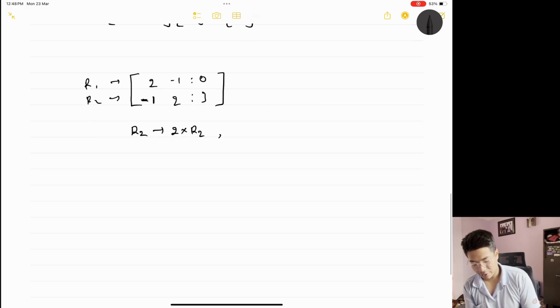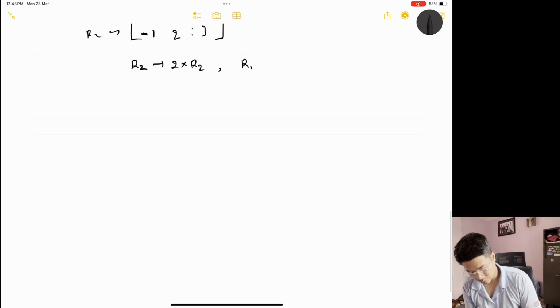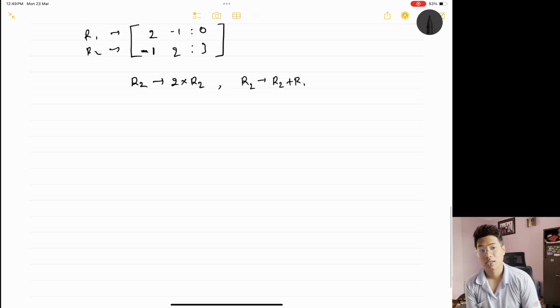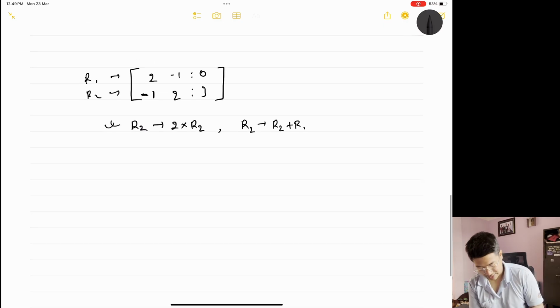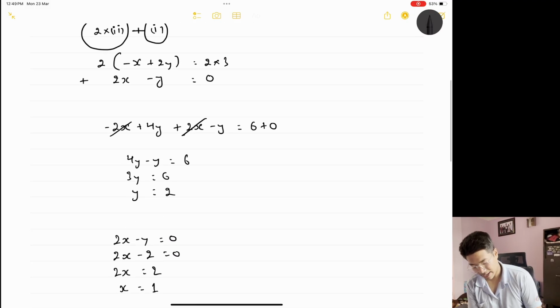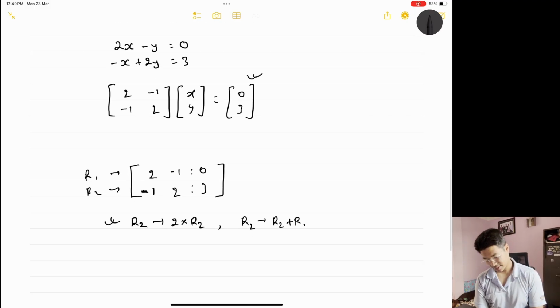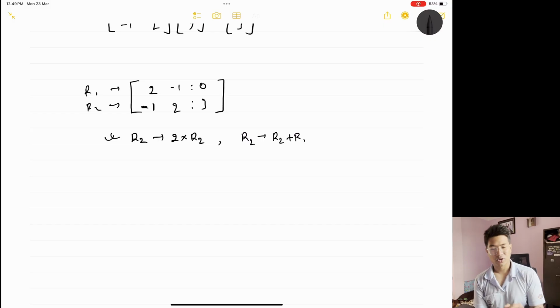And then I'm going to add row 1 to it, so r2 is equal to r2 plus r1. It's basically the same thing. Doing this is the same as doing this. Does that make sense? Okay, so I'm just going to do one at a time.